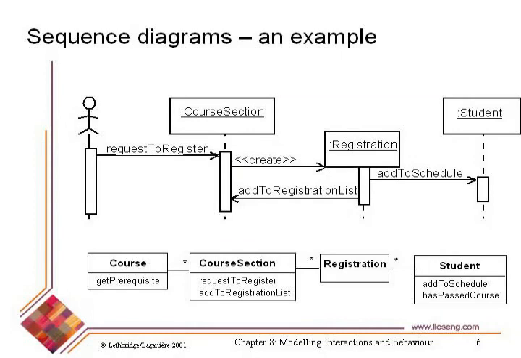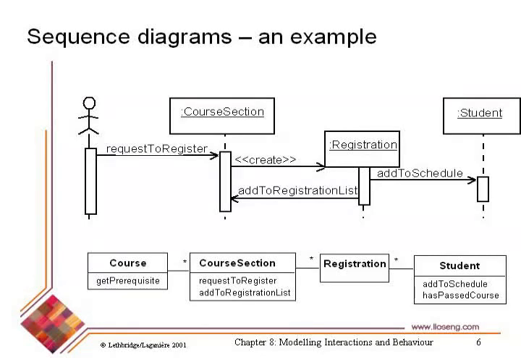Okay, so we have a class diagram developed, and we want to work out one of the interactions, or what happens effectively when an actor is going to interact with the system to create a registration and add it to the schedule.